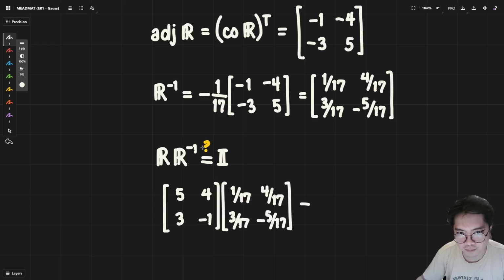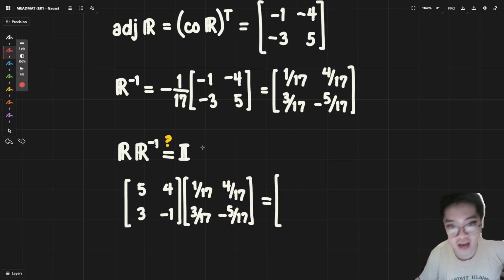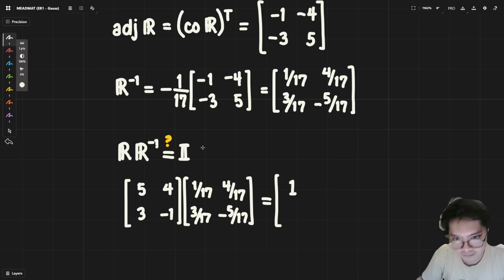Let's try this out. First row, first column: 5 times 1 over 17 is 5 over 17, 4 times 3 over 17 is 12 over 17. 5 over 17 plus 12 over 17 is 17 over 17, which is just 1.